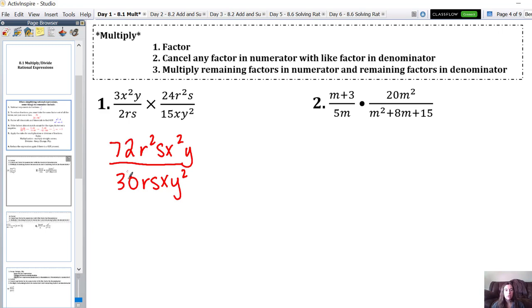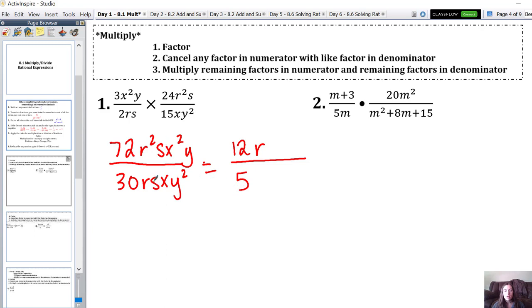72 divided by 30, both of those numbers are divisible by 6. 72 divided by 6 is 12. 30 divided by 6 is 5. Then looking at the r's, I have r squared on top and r to the 1 on the bottom. Remember, when we're dividing the bases, we subtract their exponents. 2 minus 1 is 1, so I have a positive r to the 1.